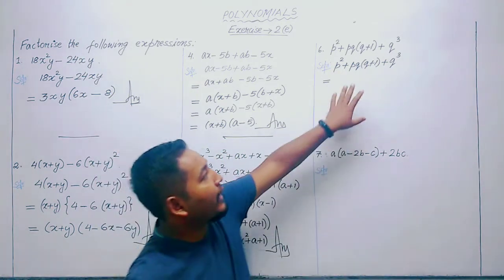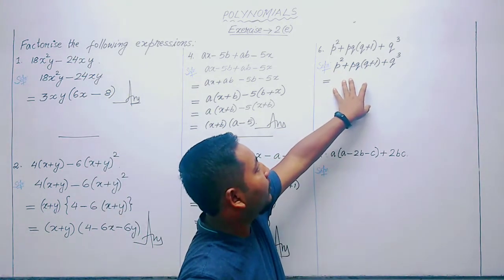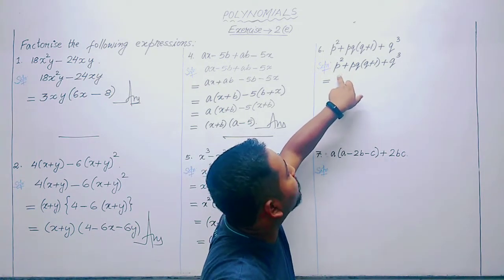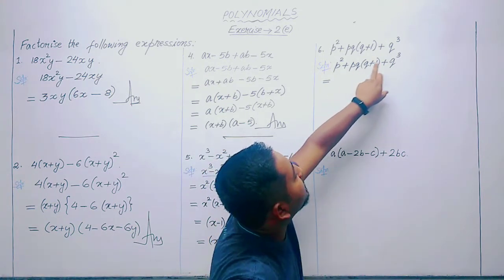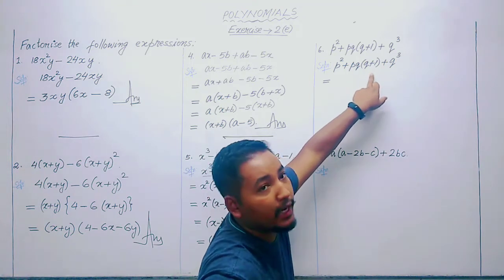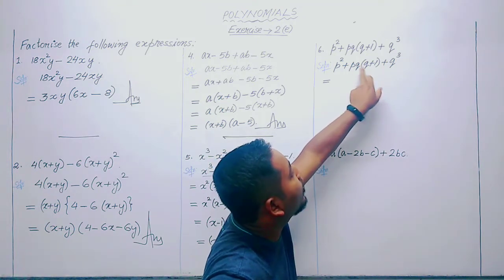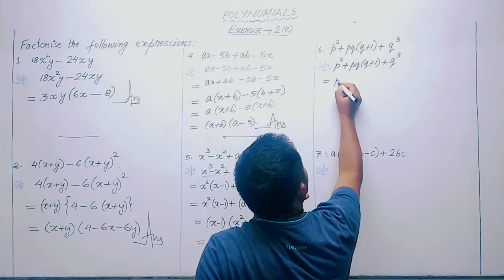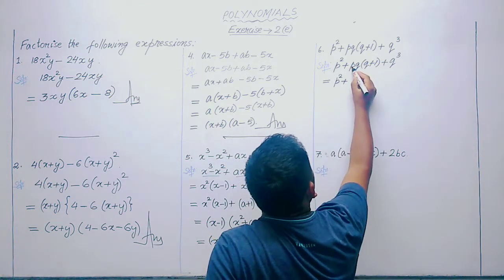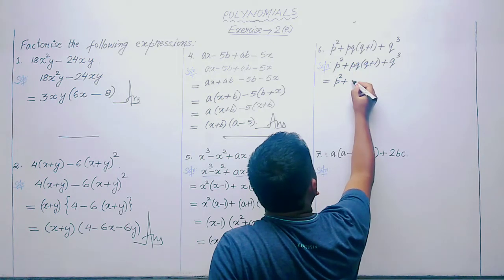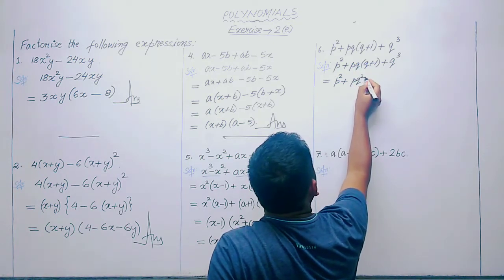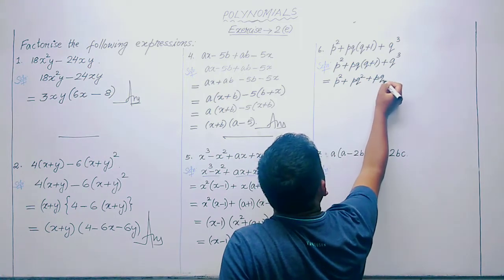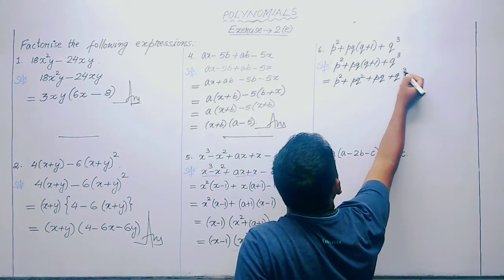If you look carefully, there is no common term at present, because p square, p is a product of terms. What do we do? Here we can separate them, we can multiply them. Now I will do like this: p square plus p q into q, p q square, p q into 1, p q plus q cube.